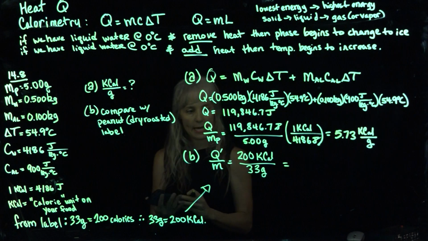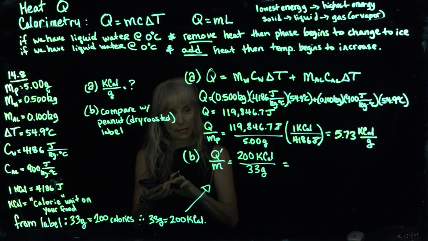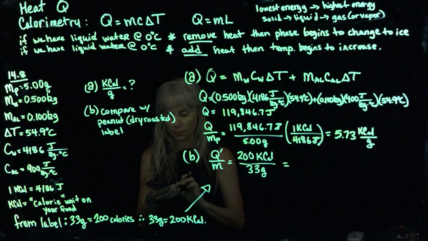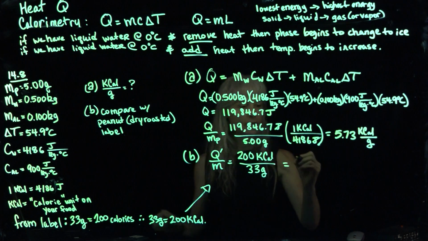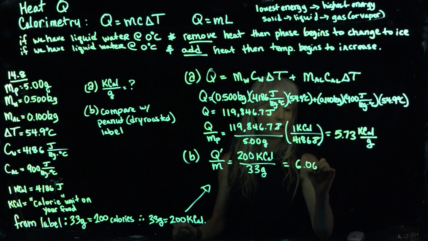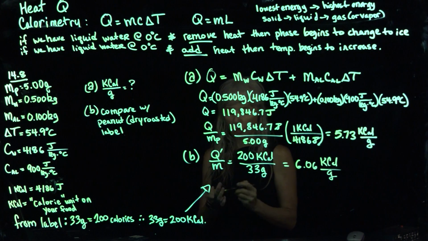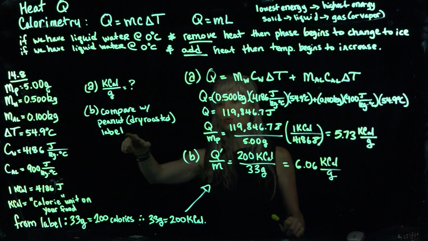And so when I want again kilocalories per gram for the units, 200 divided by 33 gives us 6.06 kilocalories per gram. So you can see the numbers are very close. We wanted to compare with the label.